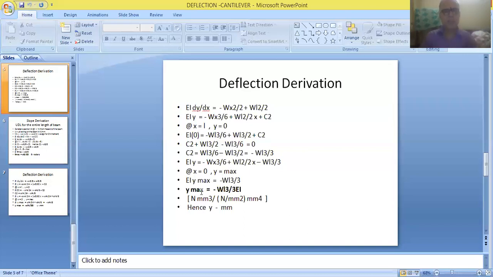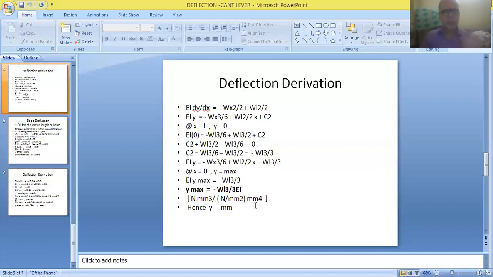So from this, Y max is written as minus WL cubed by 3 into EI. Friends, this formula also we have seen in the first table. Here load is expressed in newtons, L cube in millimeter cube, and as usual, the E value in Newton per millimeter square and the I value, moment of inertia, in millimeter 4.